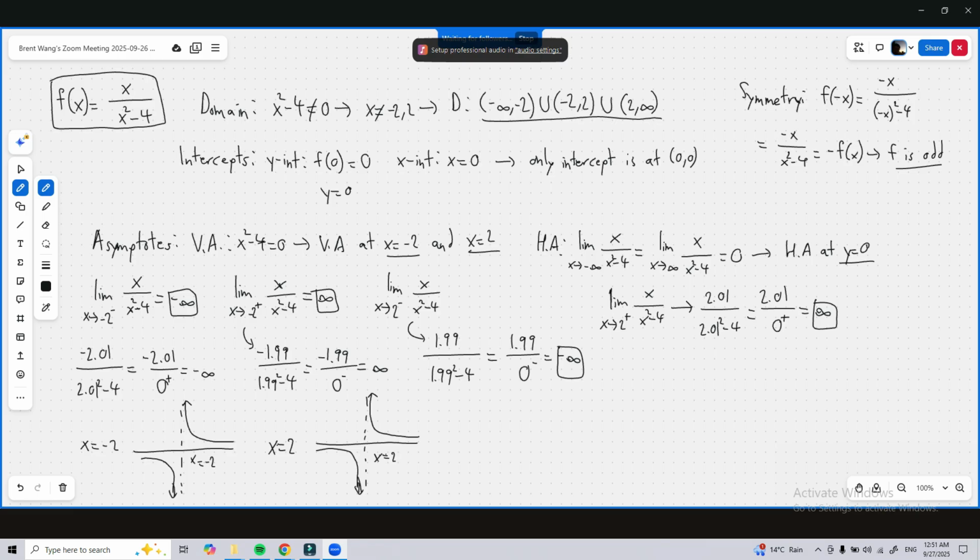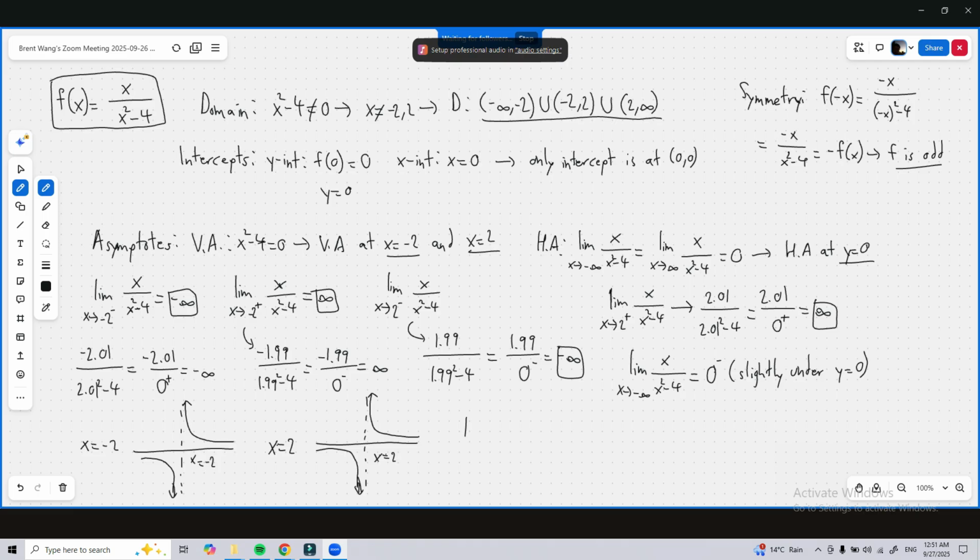So the limit, I'm running out of space here, but the limit as x approaches negative infinity of f of x would equal, so you'd have x over x squared minus 4 as x approaches negative infinity. That's just x over x squared. So you'd have a very, very small negative number, slightly under y equals 0.